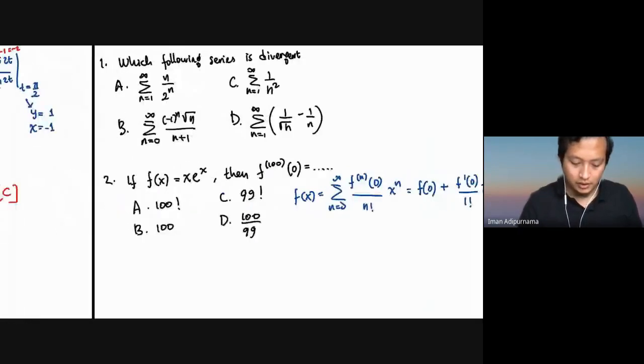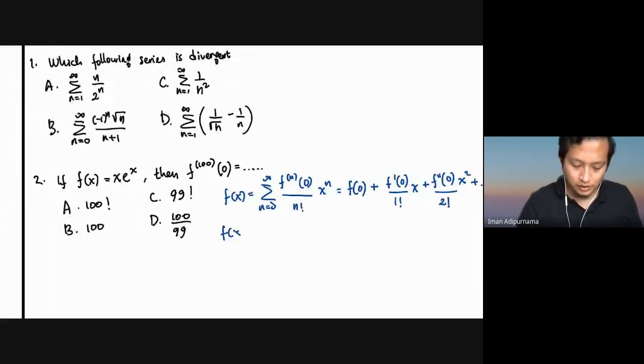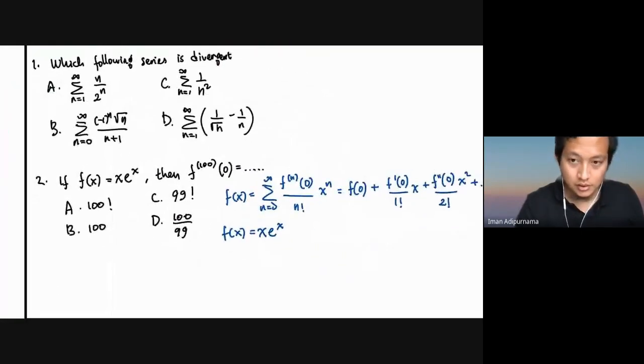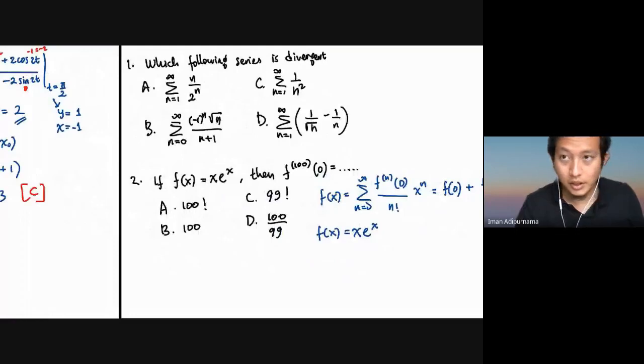Okay, and now you need to rewrite in terms of x e to the x. Okay, you can try that, but I will go to number 1 here. Anyone solve number 1? Which one is divergent?